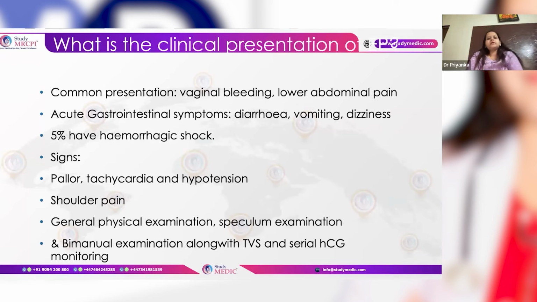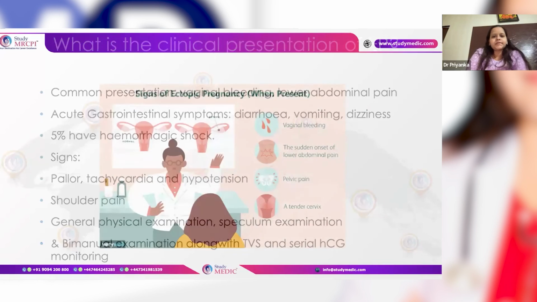As I said, in the history, the character and duration of pain is important, and to rule out any gastrointestinal causes. Also signs like pallor and tachycardia to know the severity of the complaints are important in her case.